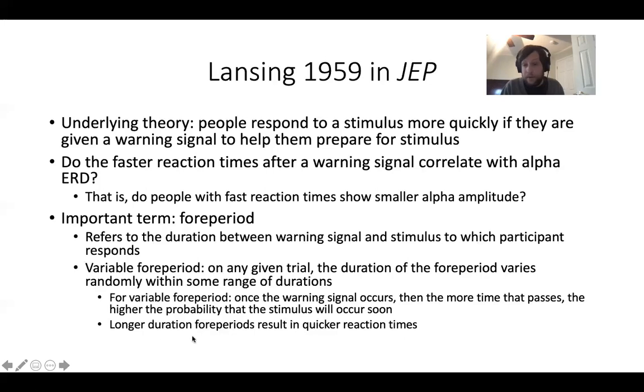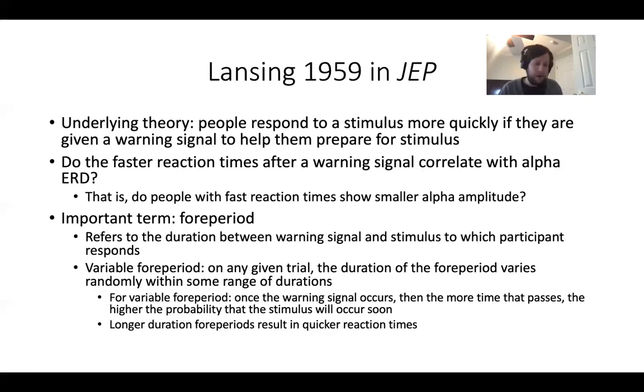The general result for variable foreperiod effects regarding reaction times, the behavioral measure, is that the longer the duration of the foreperiod, the quicker the reaction times will be. I want you to understand the logic of why researchers thought this was a reasonable hypothesis.